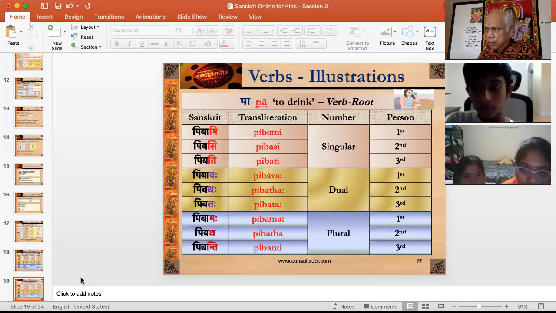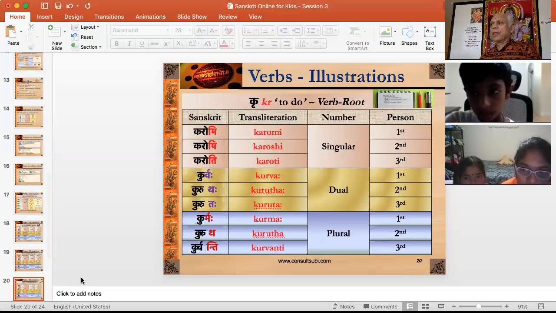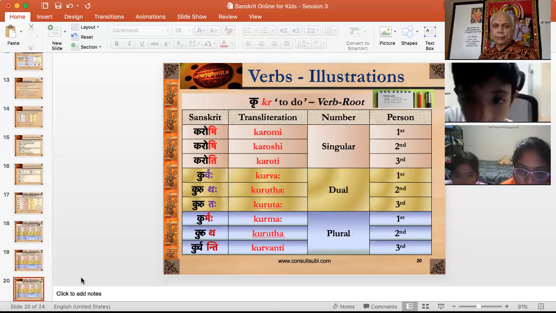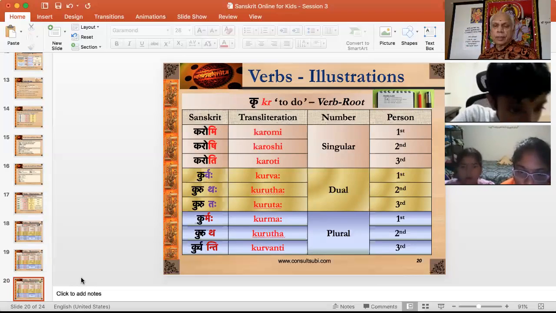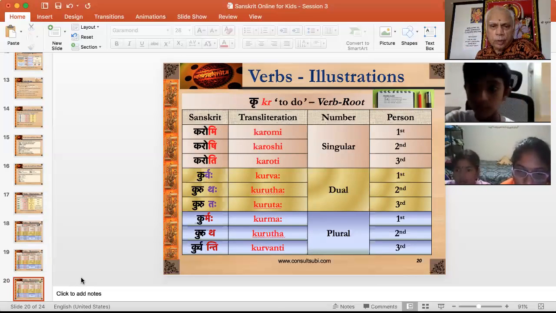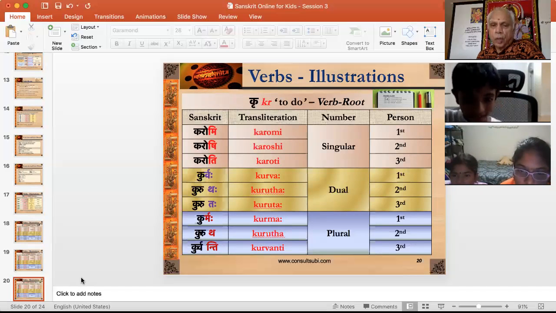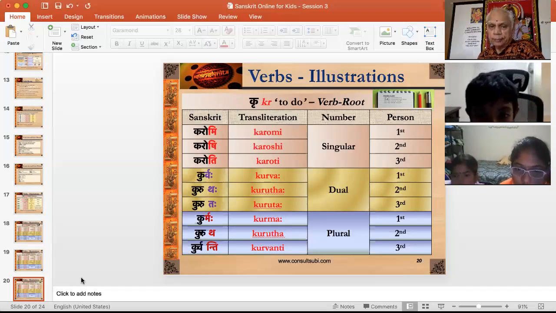Okay, going ahead, kru, another verb root. Karomi, I do the work. Rishabh does the homework. So I say, karosi. Karoti, third person. Kurvaha, kurutaha.